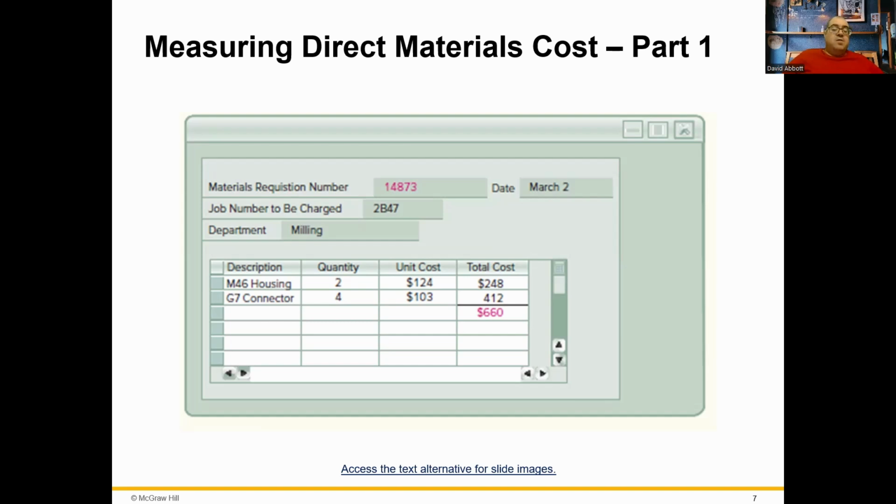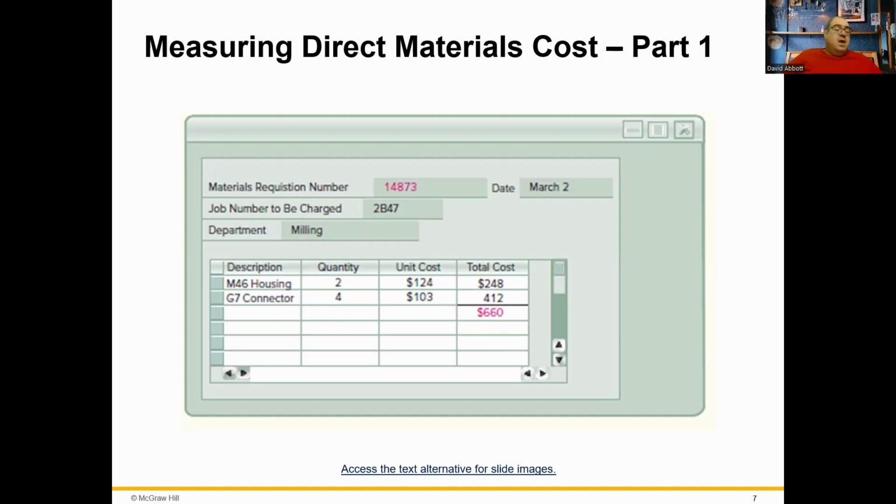These materials are then drawn from the storeroom. Job number 2B47 is where the cost for the materials gets charged. For an existing product, the production department can refer to a bill of materials to determine the type and quantity of each item of materials needed to make the unit.